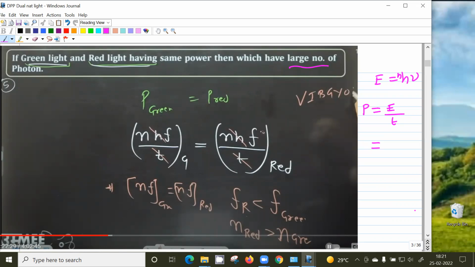Power is n h nu by time. Okay, power is the same, so these two are the same.